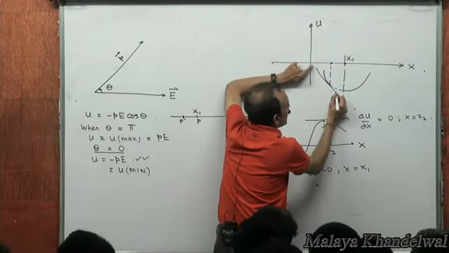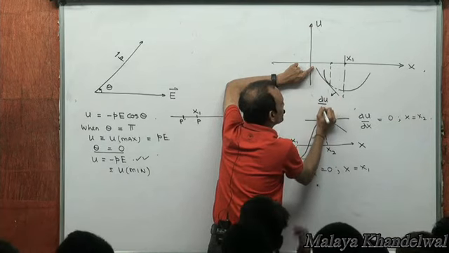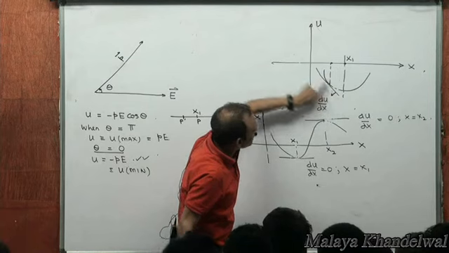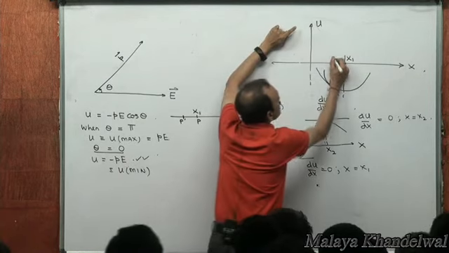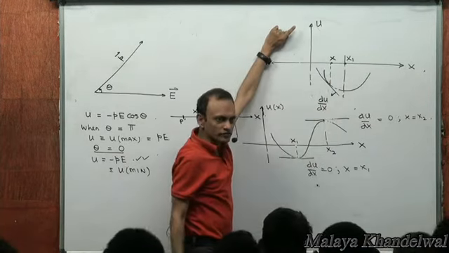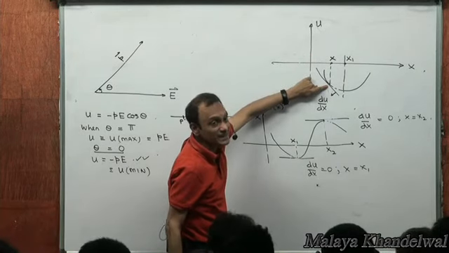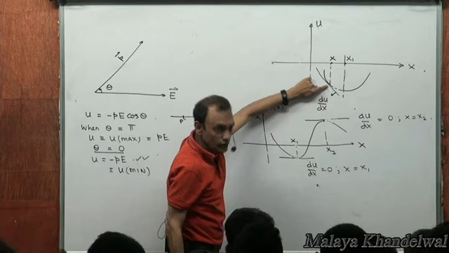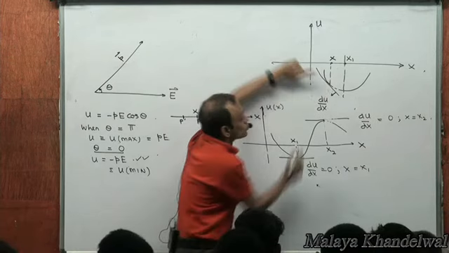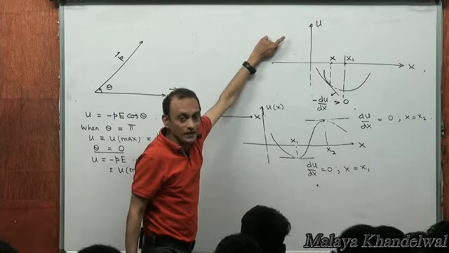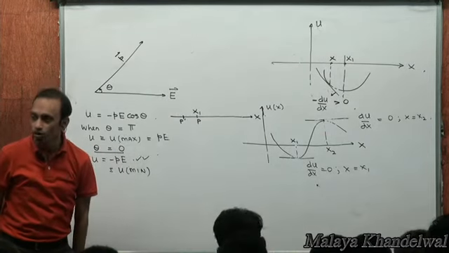The slope of this line is du/dx at this x, slightly to the left of x1, which you can see is negative. So minus du/dx will be positive. To the left of x1, minus du/dx will be positive, yes or no?